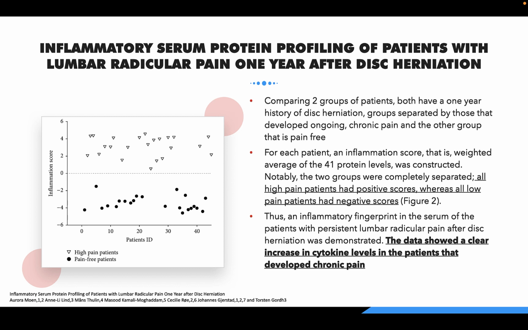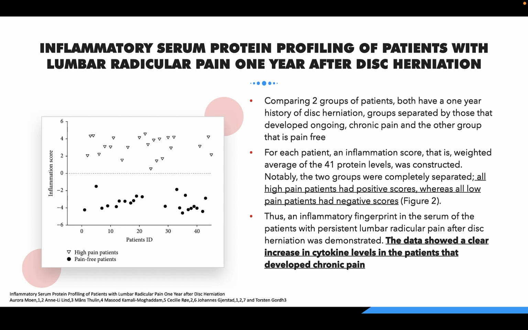This is a big study here where, in terms of its relevance, inflammatory serum protein profiling of patients with lumbar radicular pain 1 year after disc herniation. So what they did here is they took two groups of people, both with disc herniations. One group, their pain resolved, and the second group developed chronic radicular pain.